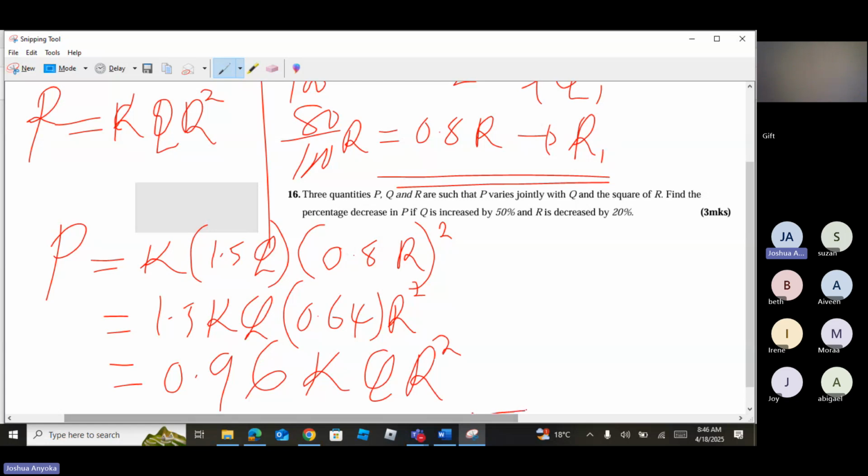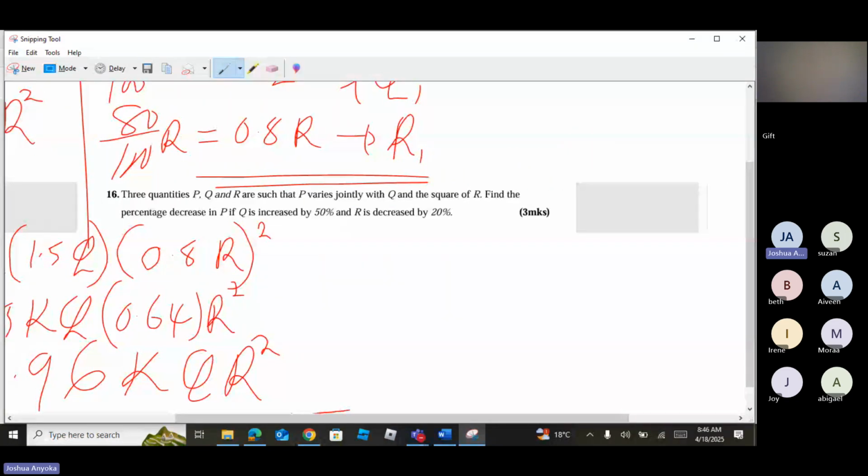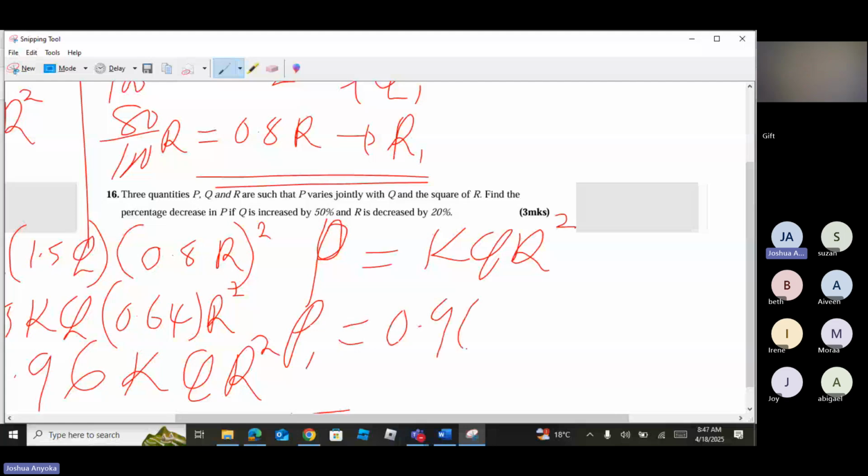And this is now after the change. So we have the original P, which was KQ R squared, and the P after change, which is 0.96 KQ R squared.